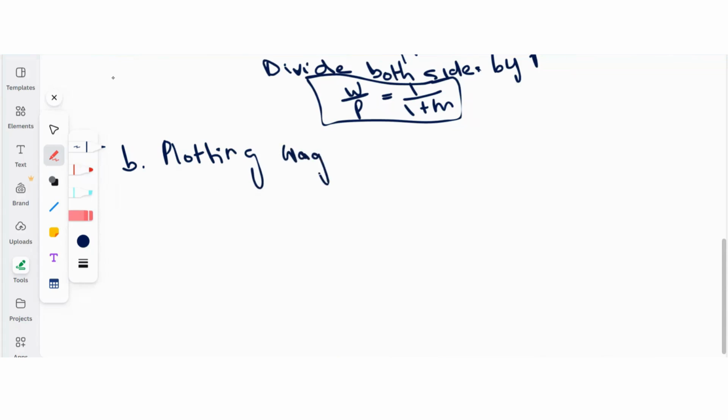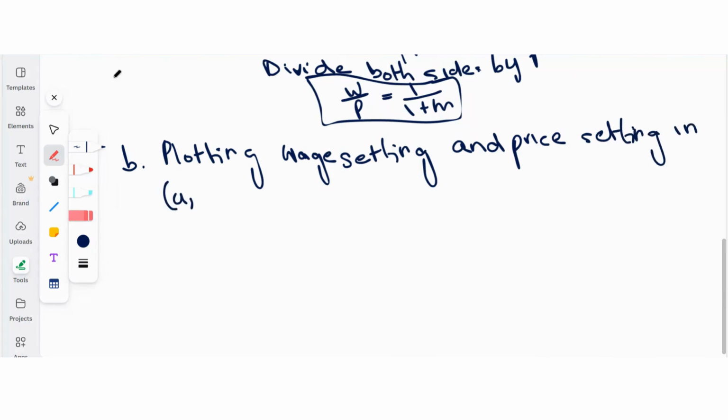So now plotting wage setting and price setting in our U, W by P diagram. On the horizontal axis, we have the unemployment rate. In the later part, we'll see what happens if instead of the unemployment rate, we plot the level of employment N on the horizontal axis.